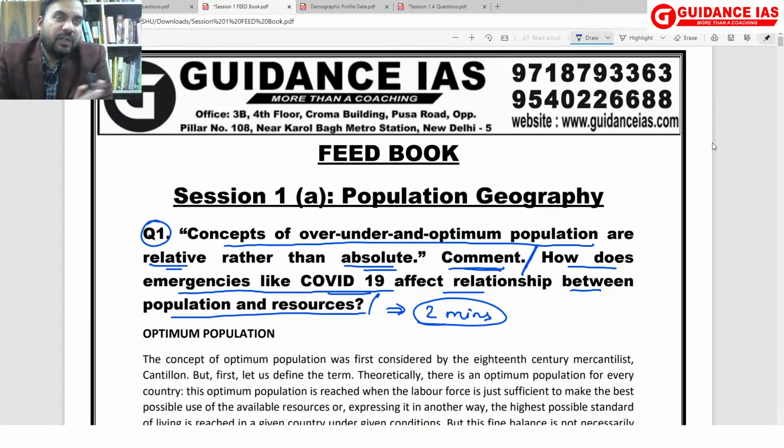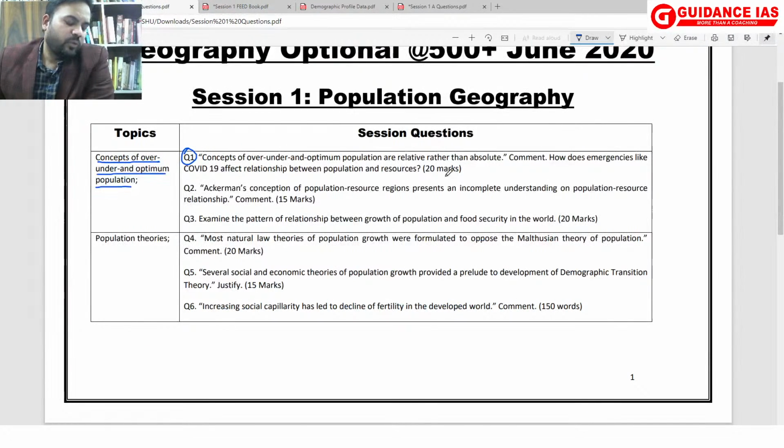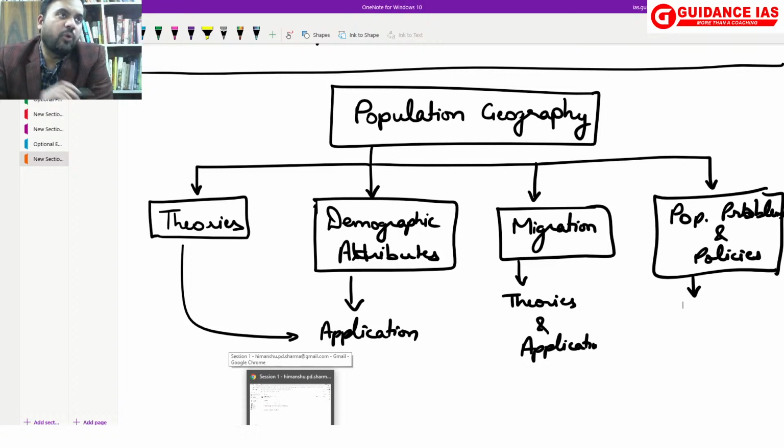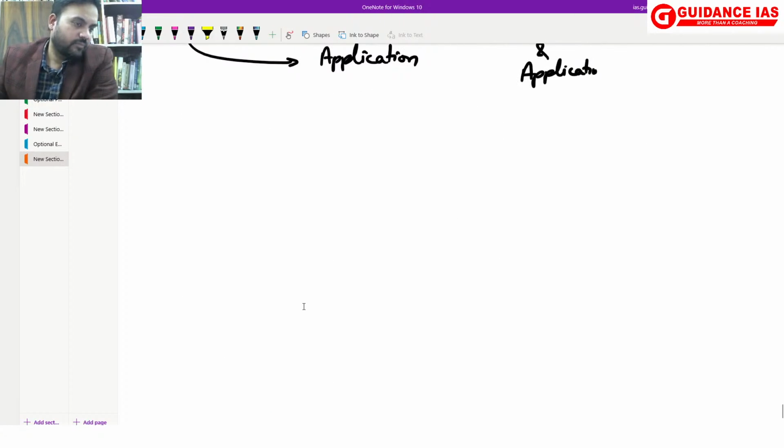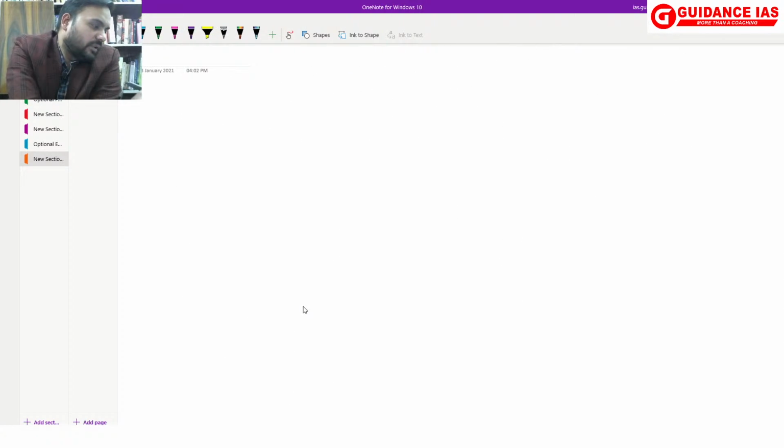So the first part I am discussing now. In this question, one thing I should know very clearly: it was a 20 marker. In a 20 marker, I will essentially get 4 pages.